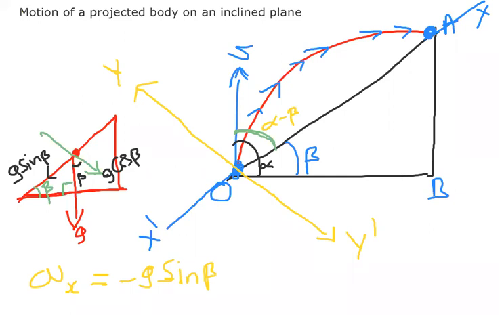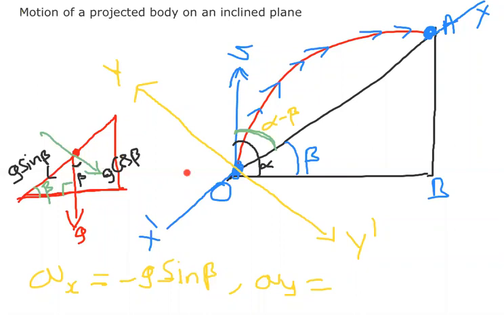Now what is the acceleration along the y-axis? Observe carefully, g cos beta is on the y-axis, but it is downward.